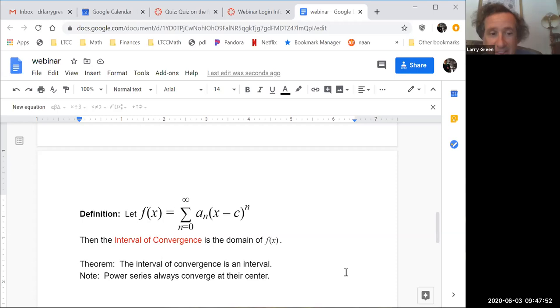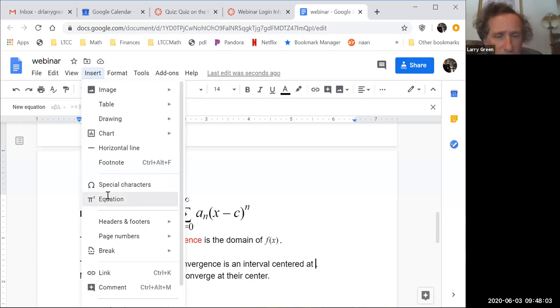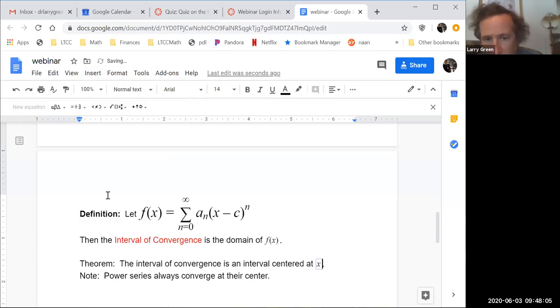Let me finish the theorem and add more. Centered at c. Any questions on the theorem and the note?